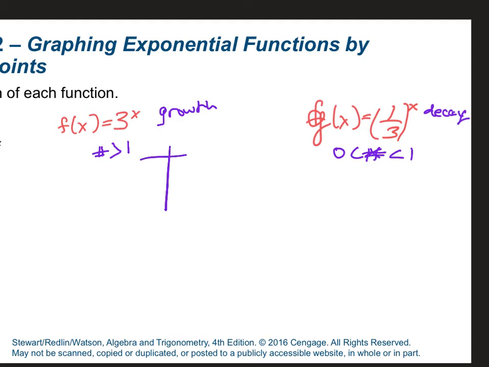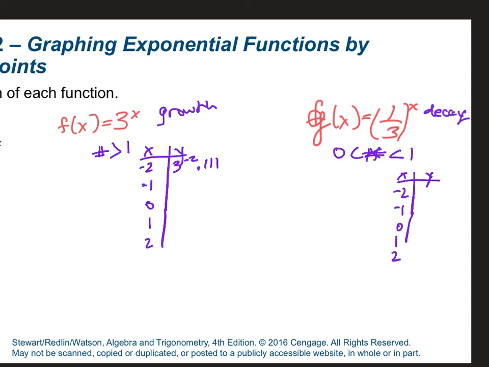If you were going to plot points, because if you don't know what it looks like, you're going to plot points, x and y. I always tell everybody to do -2, -1, 0, 1, and 2. If I'm going to have you graph, I'll tell you what I want you to plug in, so it's easier for me to check. But when I plug in 3 to the -2, when I do that in my calculator, I raise it to the -2 power, I get 0.111.